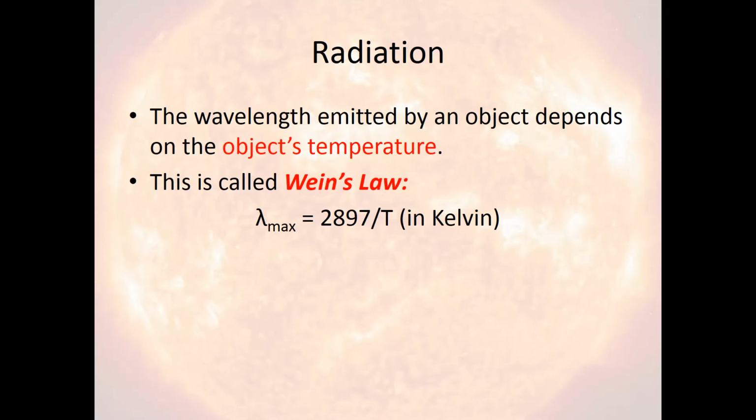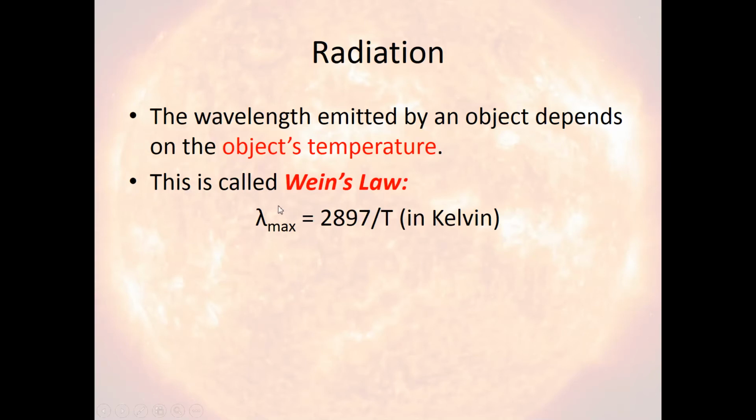And what it states is lambda max equals 2897 divided by T. Now, lambda max, this is just a fancy symbol for the most commonly emitted wavelength. Lambda is a symbol that we often use to denote wavelength, and max means the one that is emitted the most. So the radiation that an object most commonly emits is called lambda max.